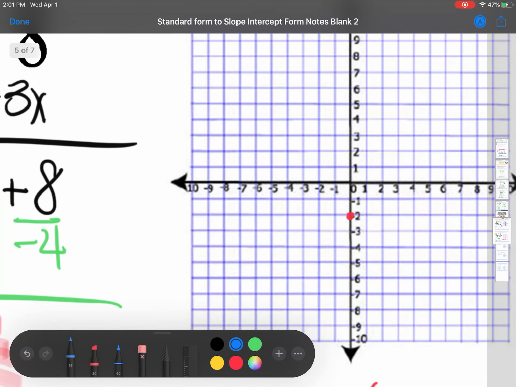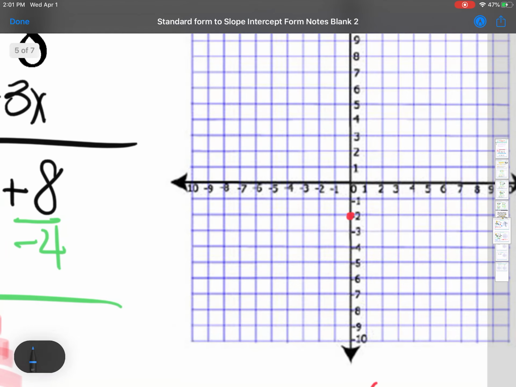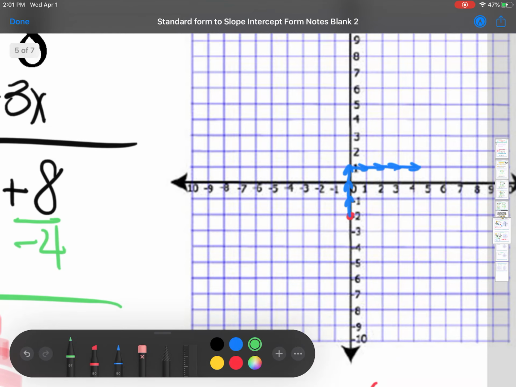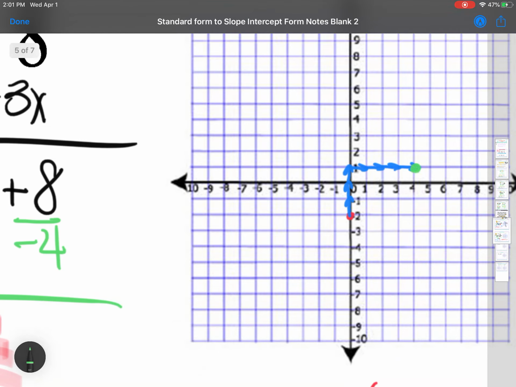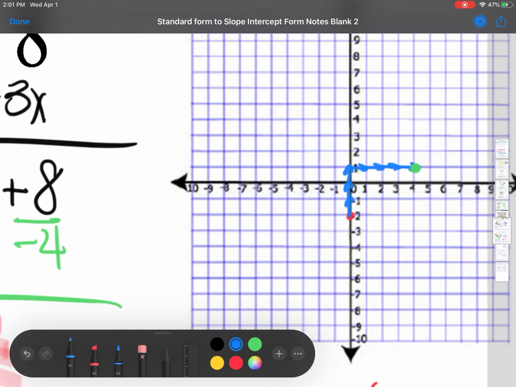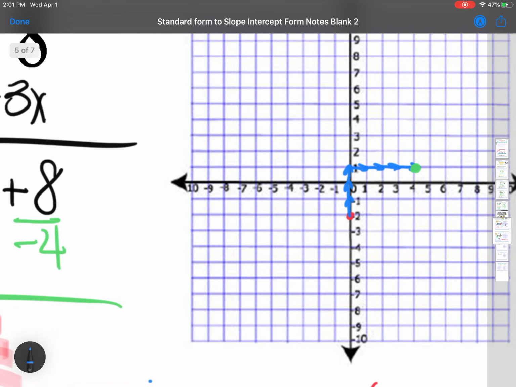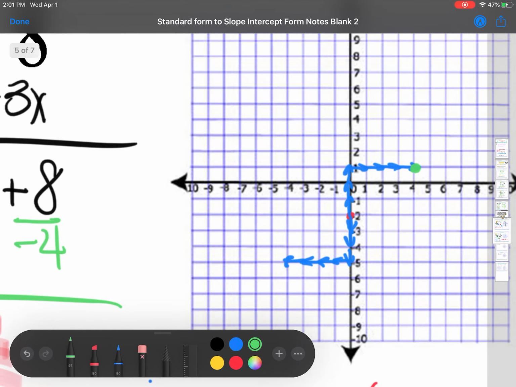Then I'm going to use my slope to get to the next point. It's positive 3/4, so up 3, 1, 2, 3, right, 1, 2, 3, 4. Plot that point. I'm also going to show you going down. Go down 1, 2, 3, left 1, 2, 3, 4, and I'm going to plot that point.